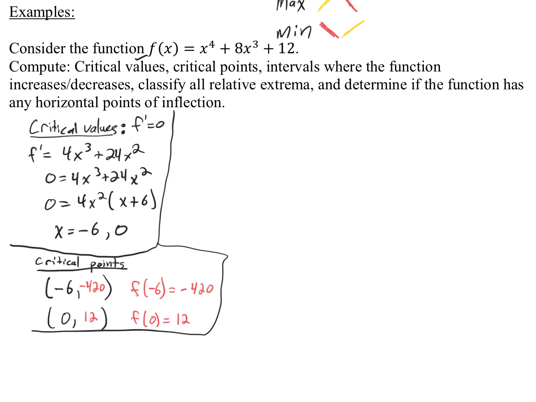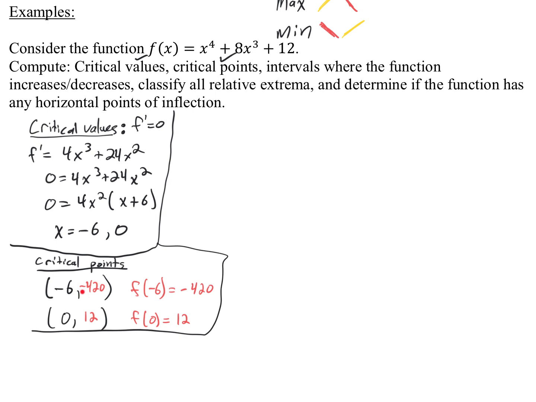I'm going to pause and just think about what we have done before we go on to the next part. Critical values, these are locations where the function might have minimums or maximums. So the critical points, this is maybe a minimum or a maximum point on the function. This is maybe a minimum or a maximum point on the function.